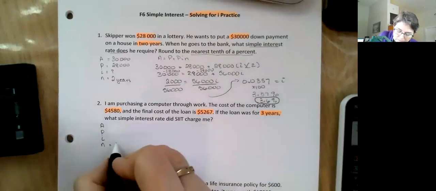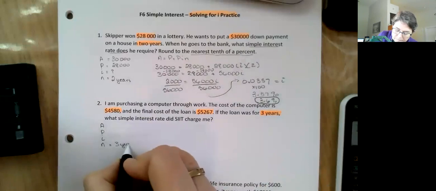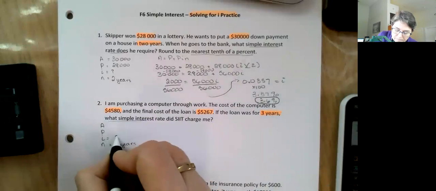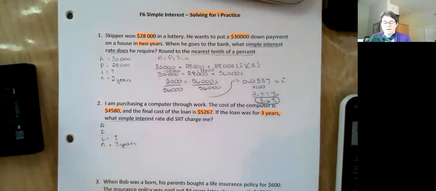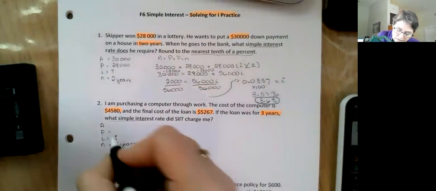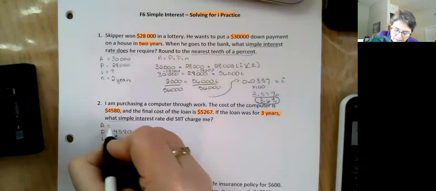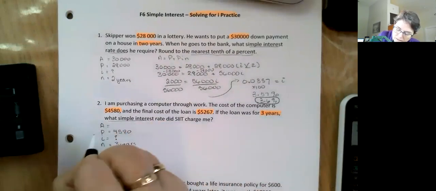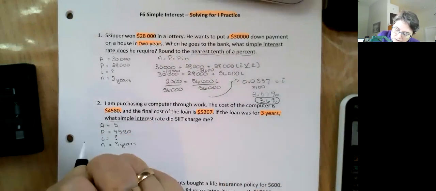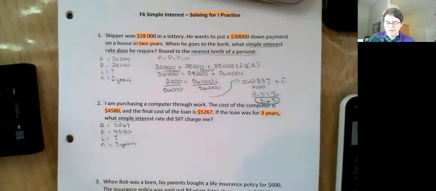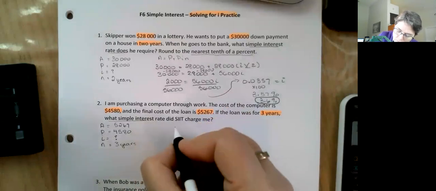We got 3 years. We got what simple interest rate. And remember, our principal is what we start with. And our final cost is out here, 52.67. All right, into the formula it goes.